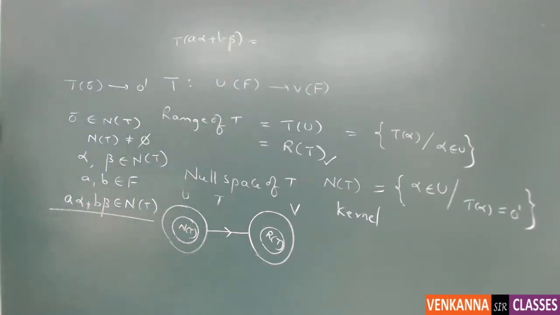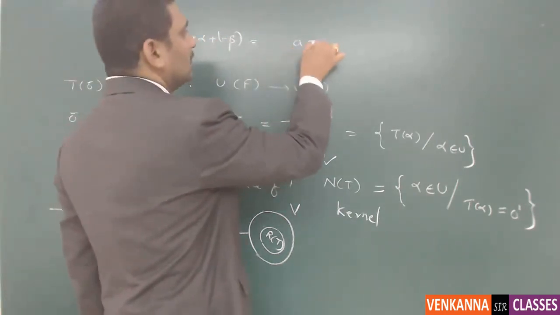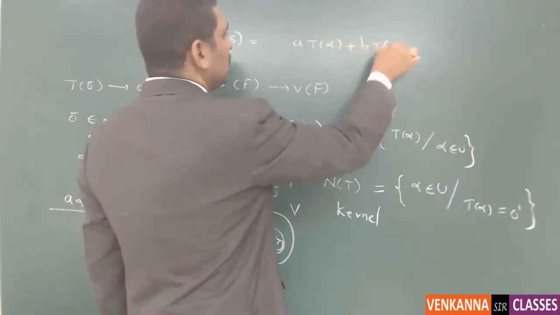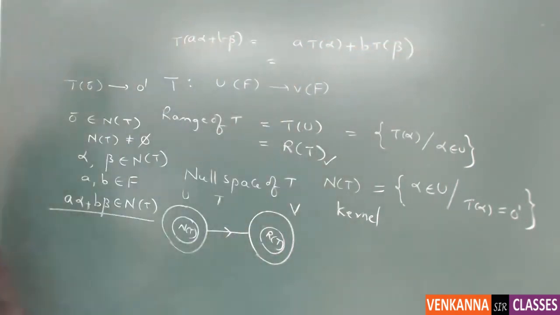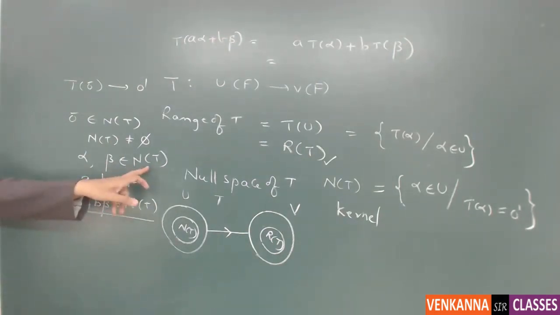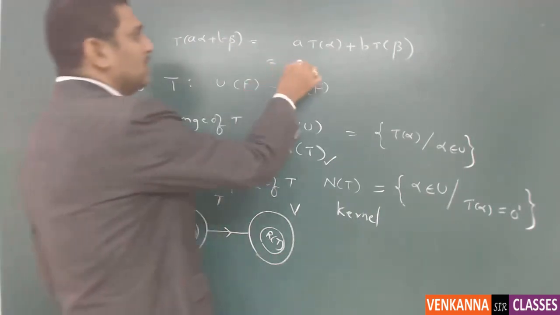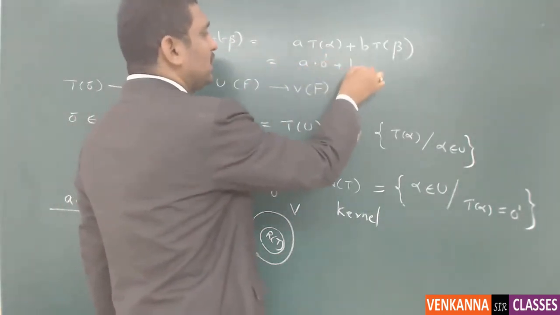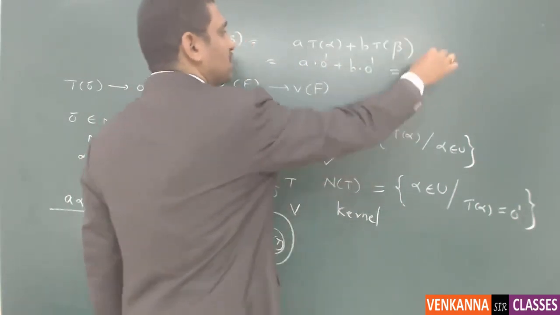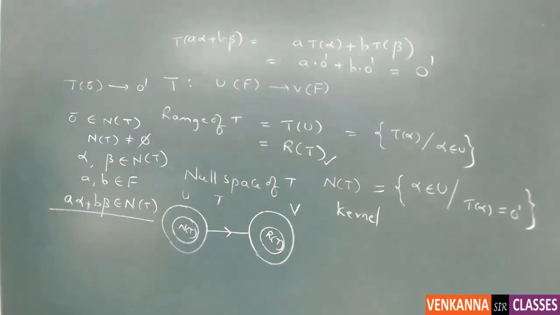Since T is a linear transformation, applying the linearity property, it is a into T of alpha plus b into T of beta. Basically, I considered alpha, beta as elements of N of T, so from the definition, it is a into 0 dash plus b into 0 dash, hence the result is 0 dash. So a alpha plus b beta belongs to N of T, hence by the necessary and sufficient condition, N of T is a subspace in U.